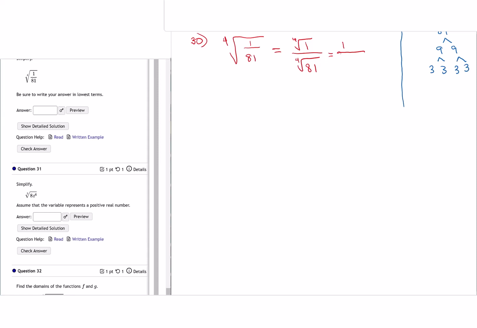This is equal to the fourth root of 3 times 3 times 3 times 3. Because of this 4, I need 4 3s. 1, 2, 3, 4. That means since I have 4, I get 1 whole 1. This is equal to 1/3.